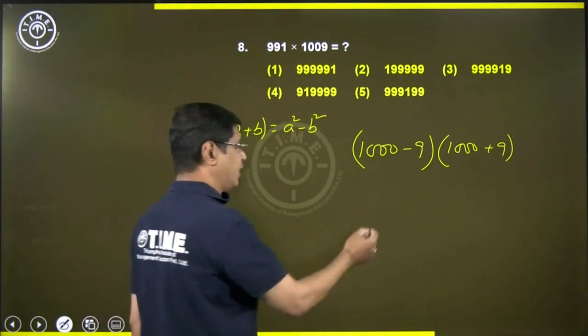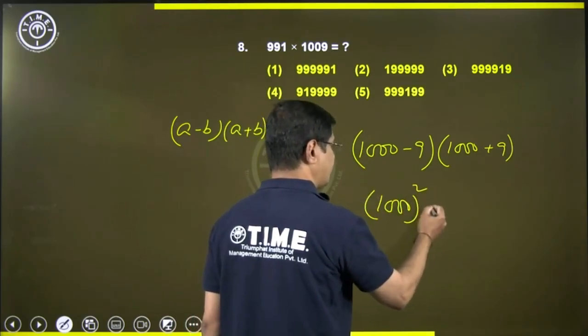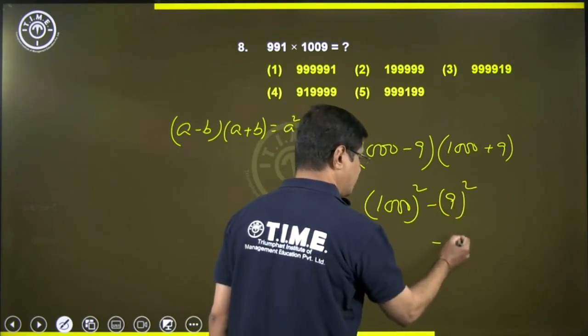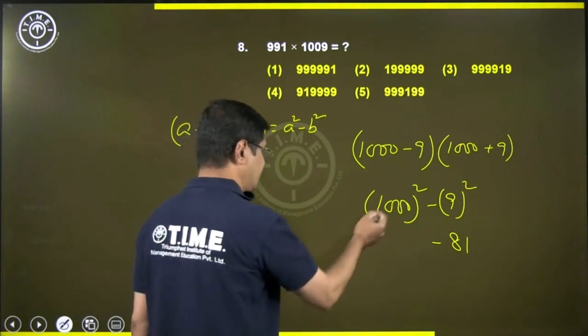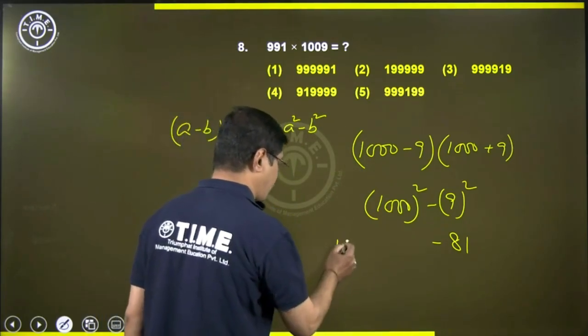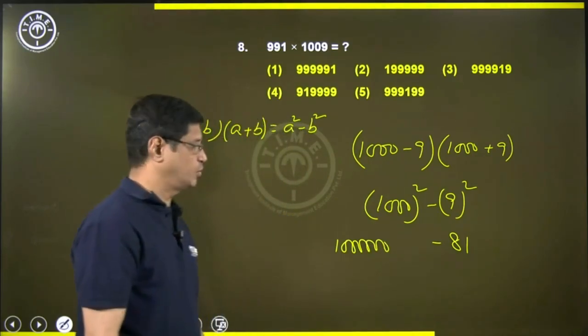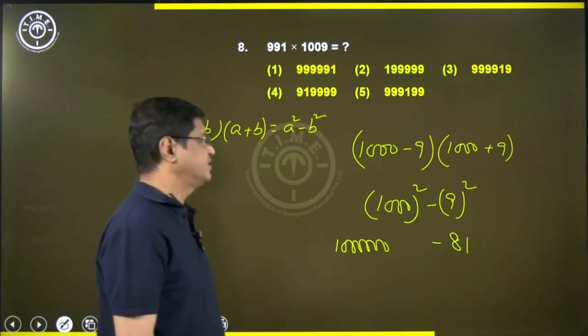So what is the value of a square? a square means 1000 whole square, b square means 9 square. So how much is the value of 9 square? 9 square is equal to 81. Then what about this 1000 square? Now just observe how many zeros we get? 6 zeros. Now just subtract 81. So what is the result?